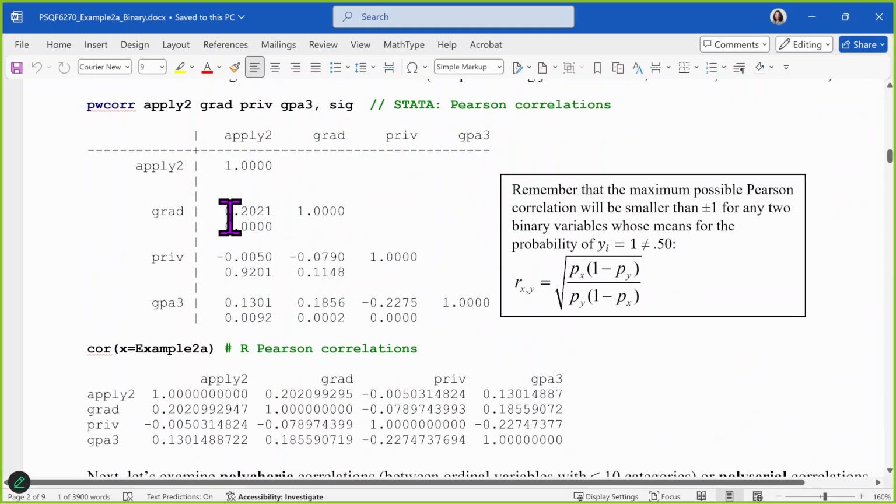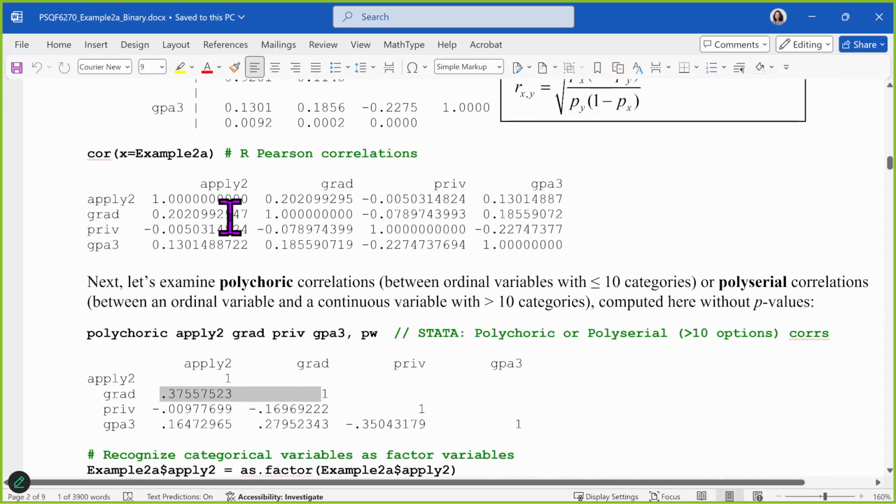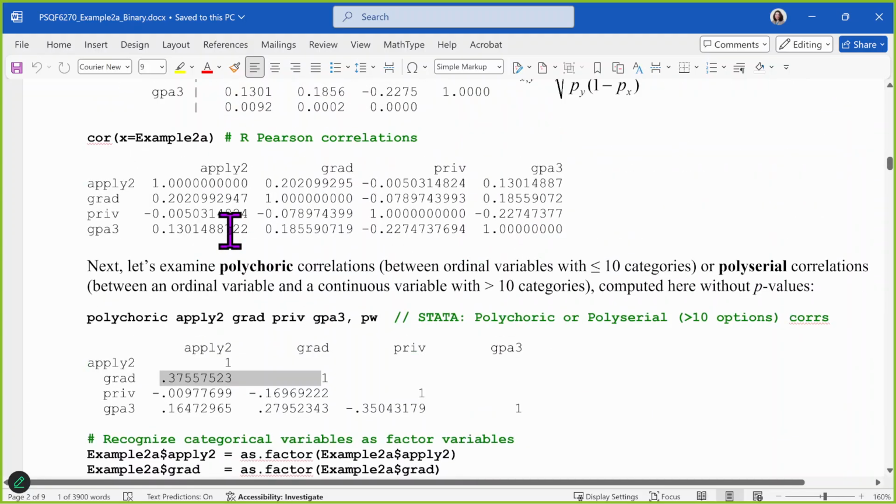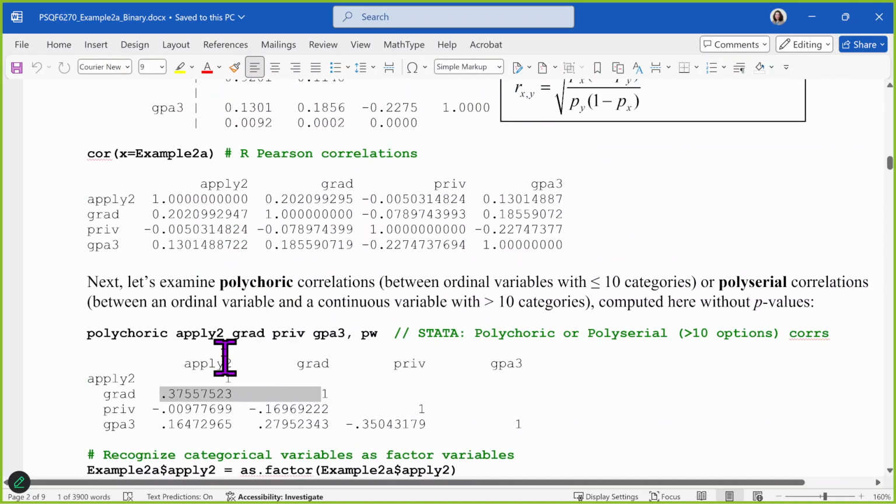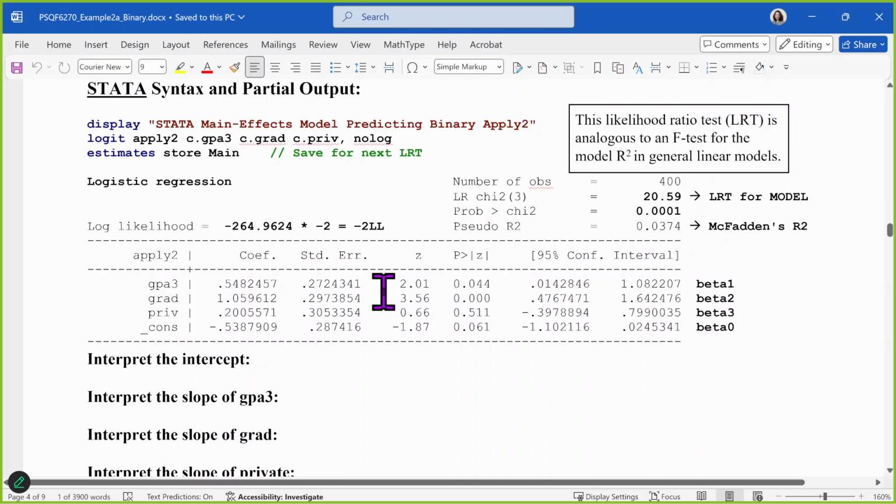It used to be 0.2. So it's literally twice as big. The rest of these also changed, being stronger in the tetrachoric version. So it does make a difference what your measure of association is. And if you're working with correlations among binary variables, this is the one that you would prefer.